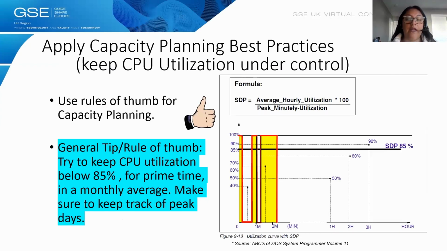A general tip that I use, for example, if I'm starting to support a customer and I don't know their workload exactly, the first threshold is 85% of CPU capacity at the monthly average at prime time, because normally at prime time you have the business transactions, etc. For sure, there are exceptions, right? But I'm just giving you a threshold that I generally use.